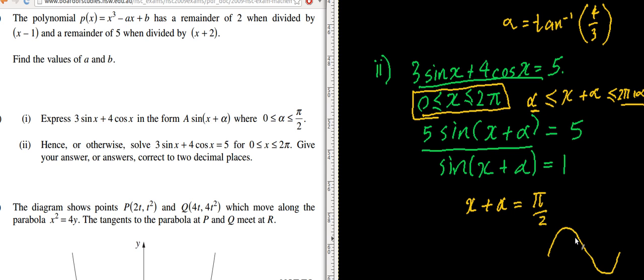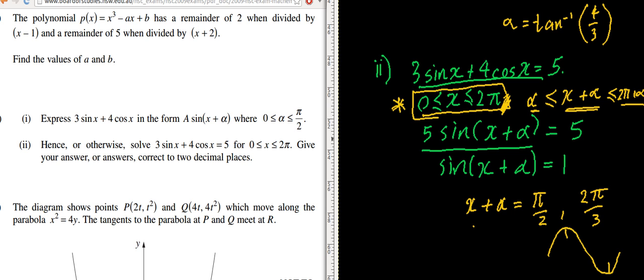That's pi on 2, and that's going to be 2 pi plus pi on 2. To get x, you simply minus alpha from these 2 solutions. You just need to check that x plus alpha is within this range, and therefore x is going to end up within this range over here.